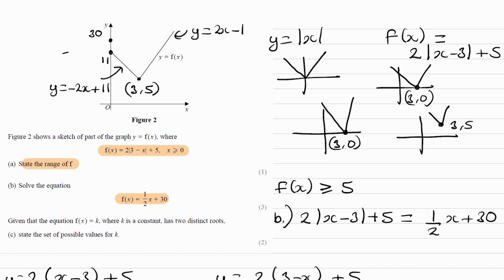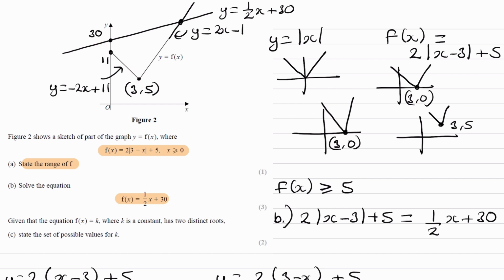So it'll look something like this, not to scale at all again. These two lines will cross at some point, and what this diagram has told us is that this line of y is equal to a half x plus 30 intersects only with this line and not with this one. So that's the reason we did this whole process.